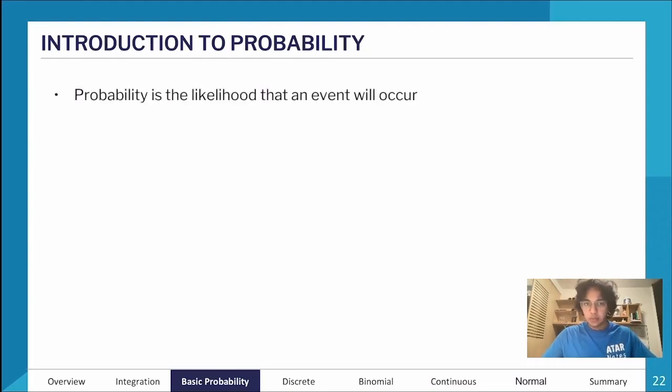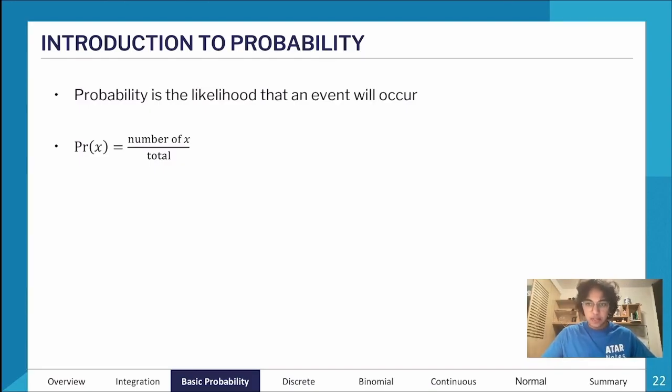So what is probability? Probability is the likelihood that an event will occur, and it's always placed on a scale from impossible to certain. So 0% chance to 100% chance, right? So the probability of an event X is the number of times event X happens divided by the total number of events.